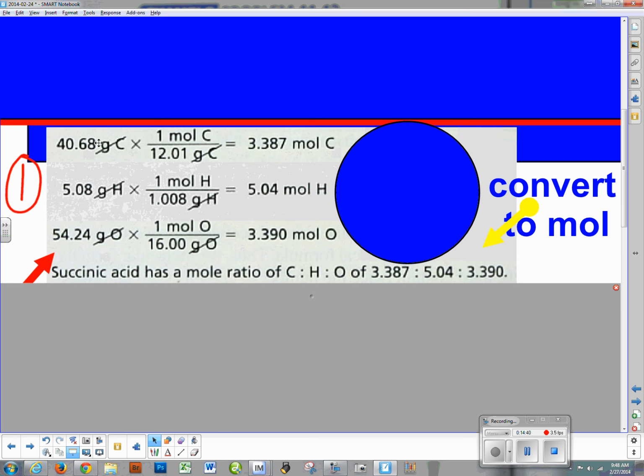So, if we know that 40.68% of that molecule's weight, whatever number of grams we have, because this is all done by mass, right? It's percent by mass. So whether we weigh 100 grams or 1,000 grams or 1,000,000,000 grams, it's still going to be that percent.